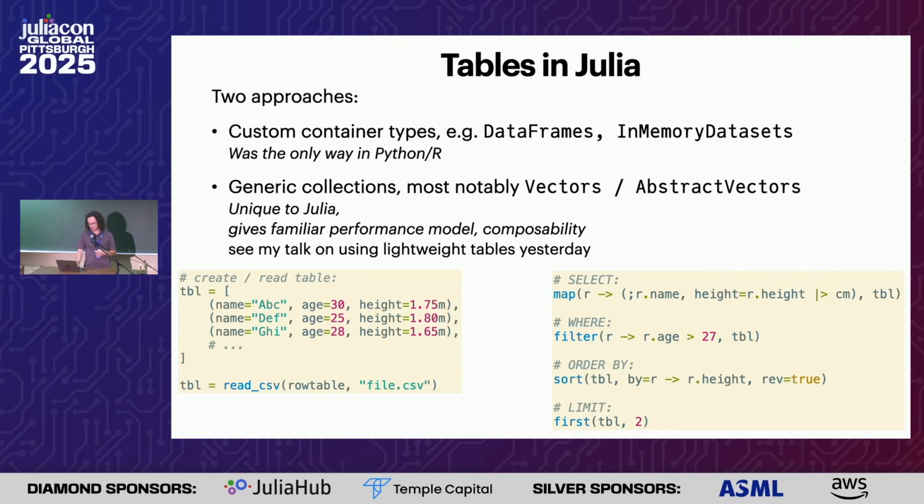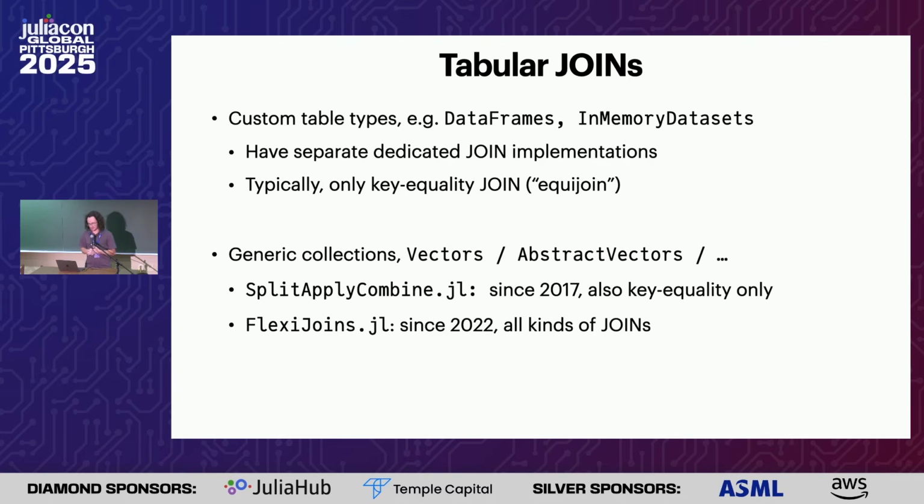to typical tabular operations. So regarding joins specifically, custom table types like DataFrames typically have dedicated specialized join implementations. And again, typically, as far as I'm aware, they only support equality joins. So joining by key in one dataset equal to the key in another dataset.